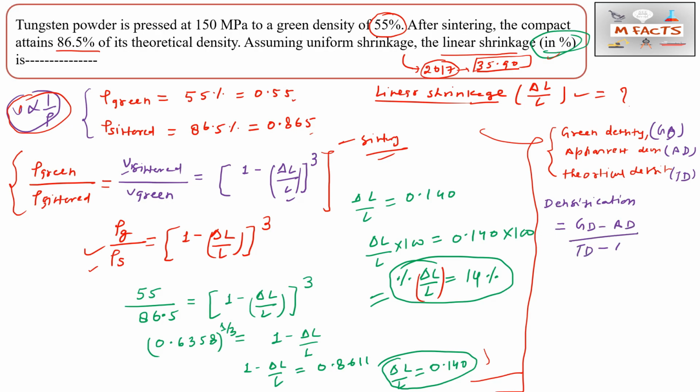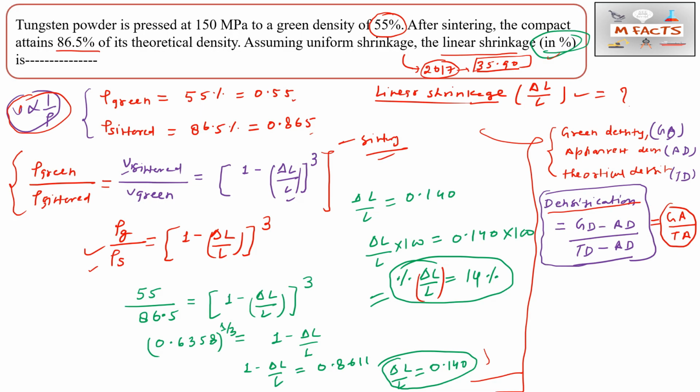Okay, so this is the formula which is applicable for finding the densification. In short we can remember this as densification is equal to GA by TA. G means green density, A means apparent density, T means theoretical density, A means apparent density. So GA by TA is equal to the densification parameter. Okay, so this is the first formula which is applicable here.